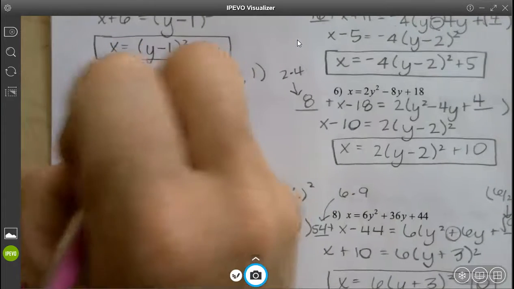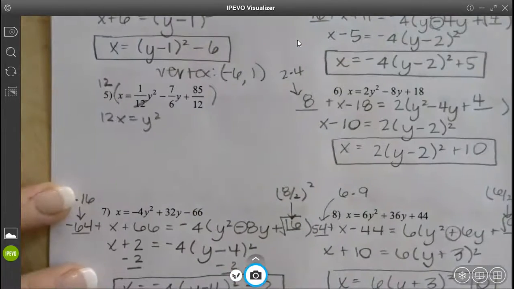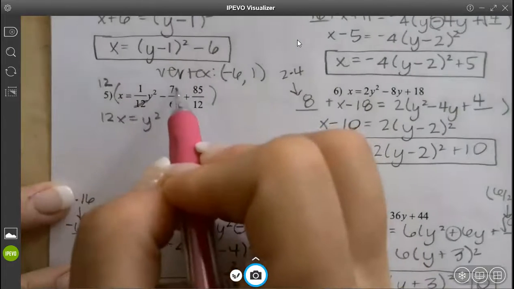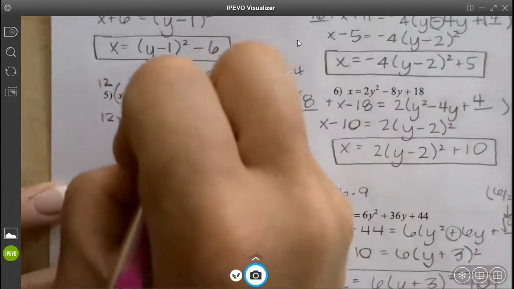So we have 12x. That just cancels out the 12 and leaves you with 1y squared or y squared. If we think back when we did rationals, 12 over 6 is 2. So we're actually multiplying the 7 by 2. Okay, so it'll be a minus 14y.